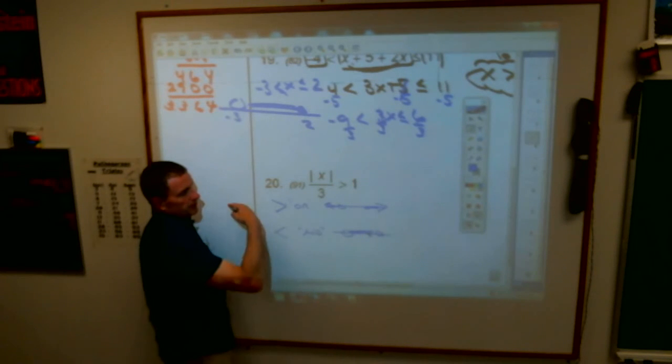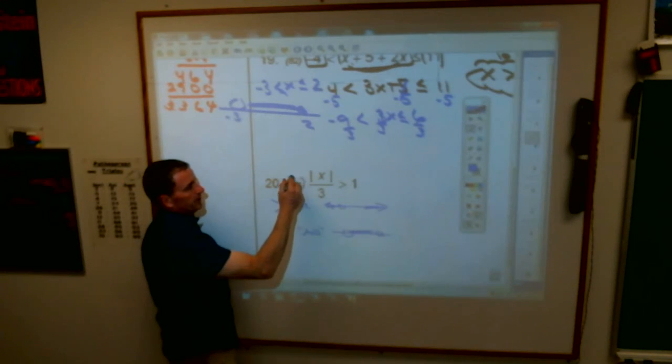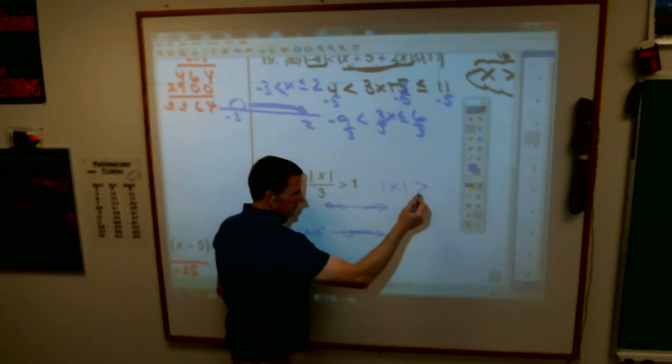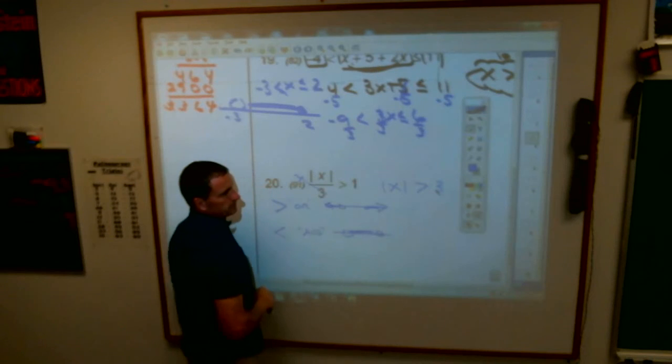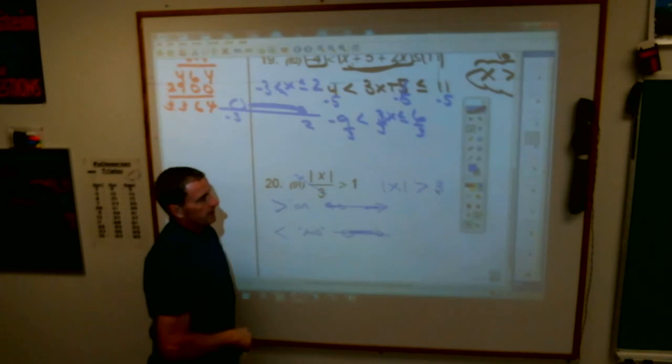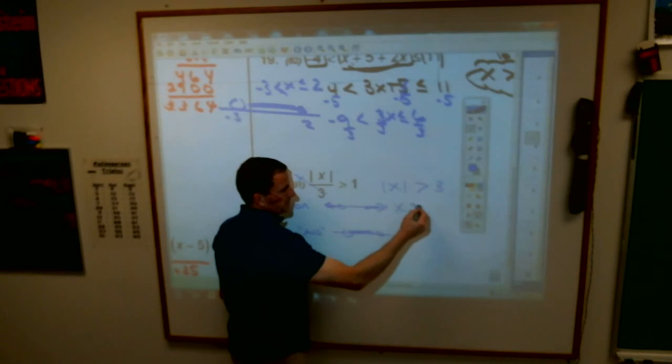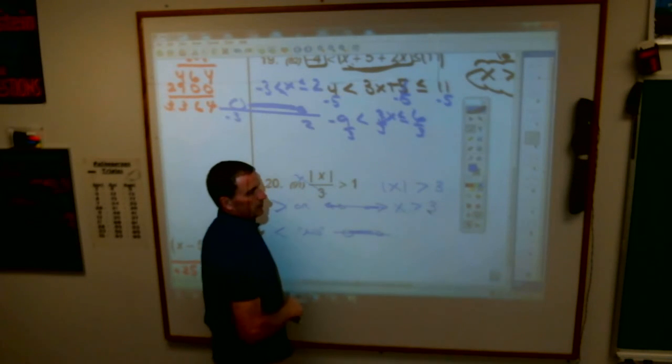Remember, you solve this just like a regular thing. You multiply both sides by 3. So the absolute value of x has to be greater than 3. And the way that works is this: you keep everything the same, x has to be greater than 3.